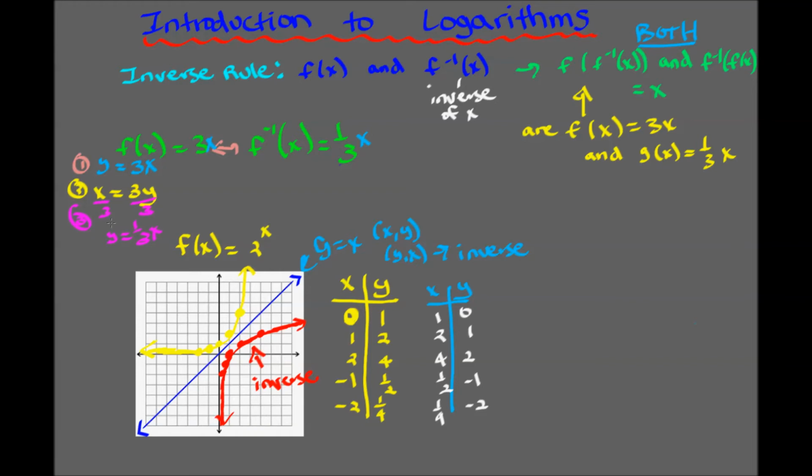Since it's still in equation form, we have to write it in function form. So f inverse of x is equal to 1/3 x. That's basically what we have right here, and that's how you find the inverse algebraically.